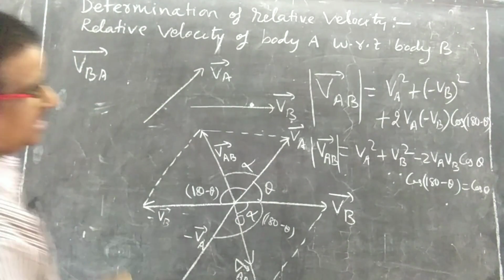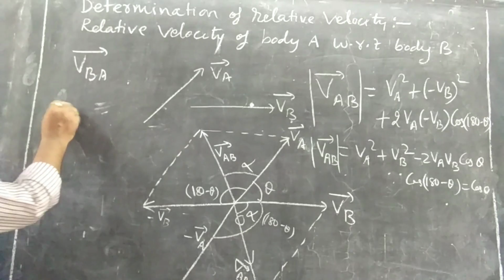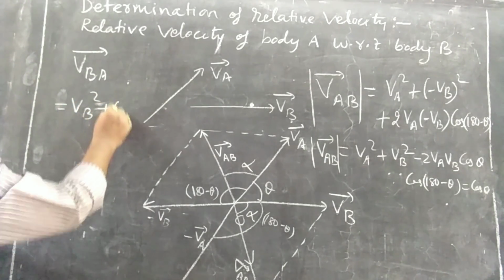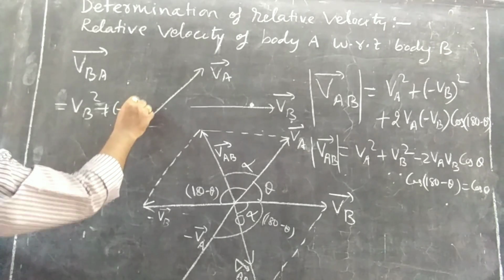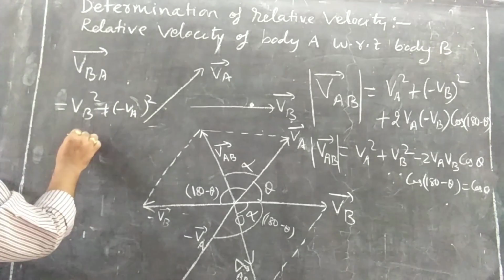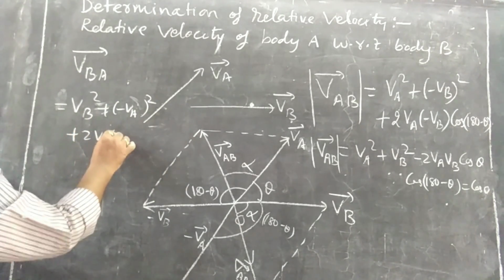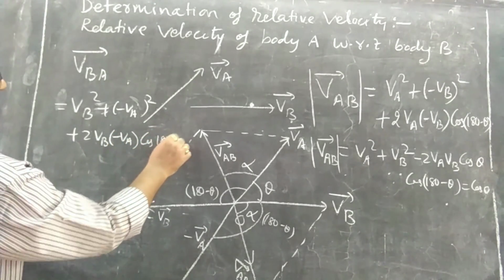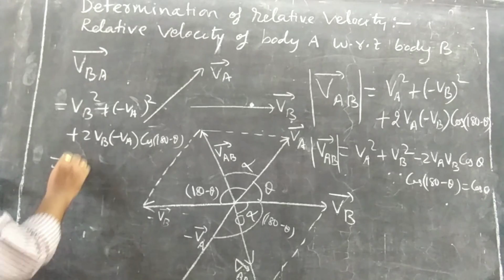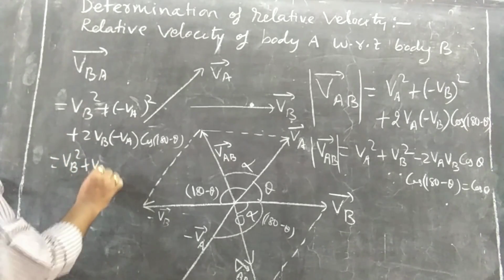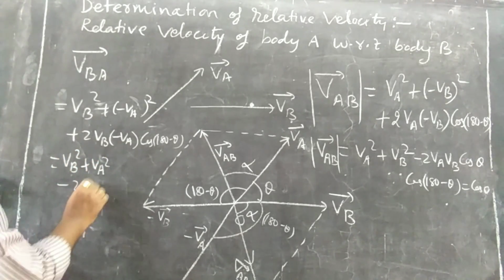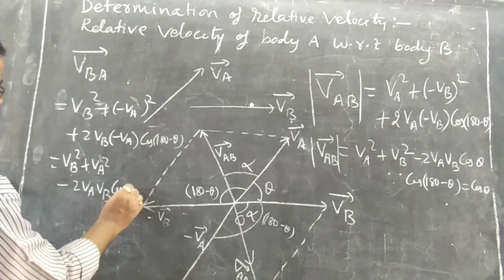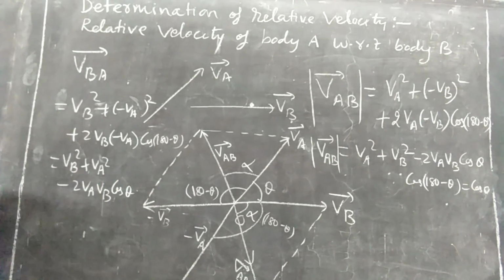So you will get VBA is equal to the square root of VB square plus minus VA square plus 2 VB minus VA cos 180 degree minus theta. Then you will get VB square plus VA square minus 2 VA VB cos theta. You will get this one.